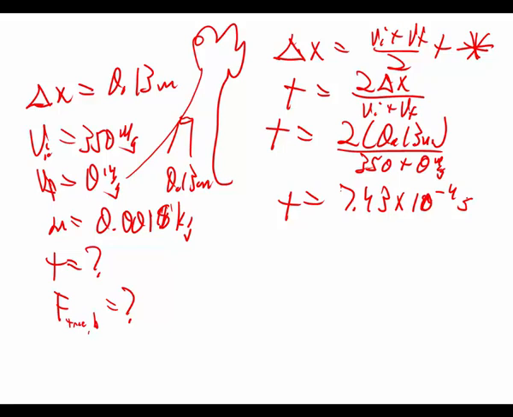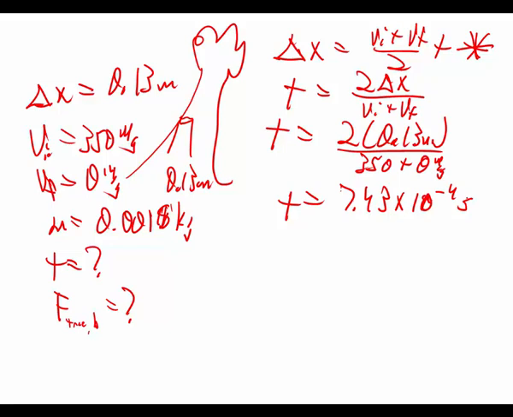Now, if you'd gotten a crazy number like 700 or even 7.4 times 10 to the negative 1, that would be tenths of a second, and no, it'd be less than that because it's a bullet. Okay, any questions on how I got that?